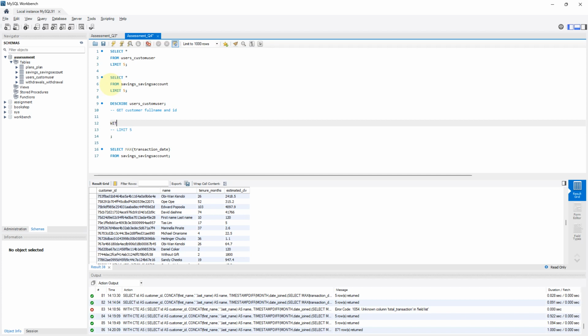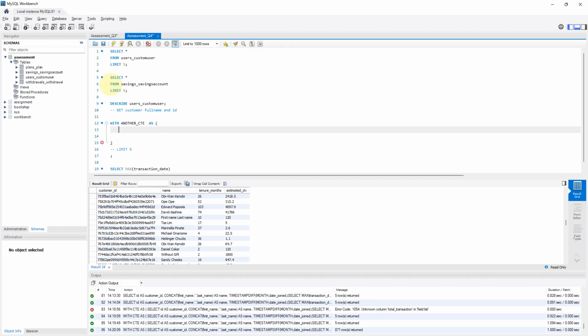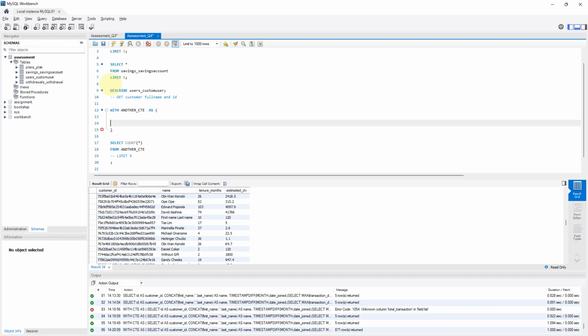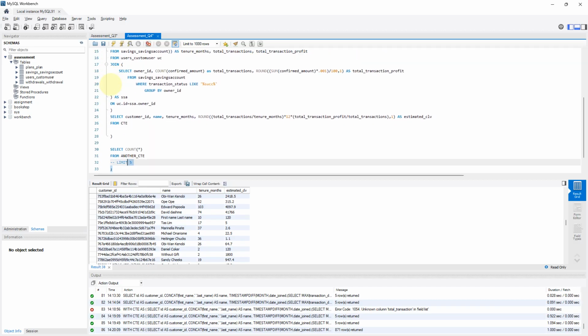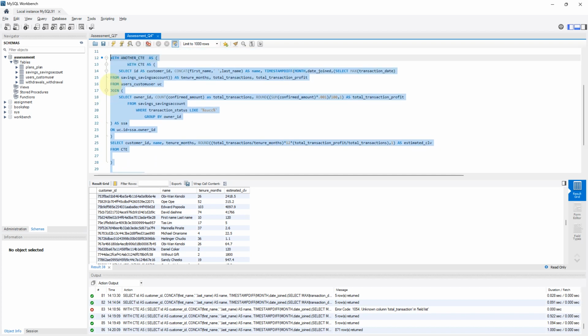I'll say with another_CTE as, and I'm going to comment this, and I'll say select count all from another CTE, and yeah, done. So I'll just paste the subquery here and run it and see.